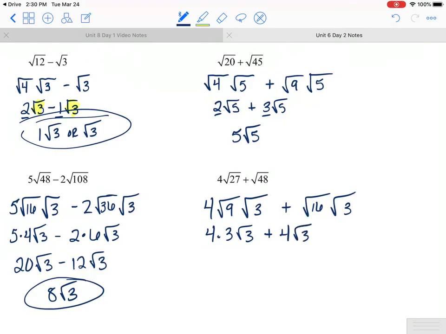Then this one simplifies to 4 radical 3. So 12 radical 3 plus 4 radical 3. My final answer would be 16 radical 3. Again, I'm combining my coefficients, really the only part that I'm either adding or subtracting. Then my radicals, just like a variable when you're adding and subtracting, it just carries through.